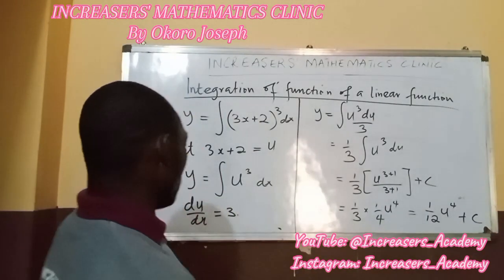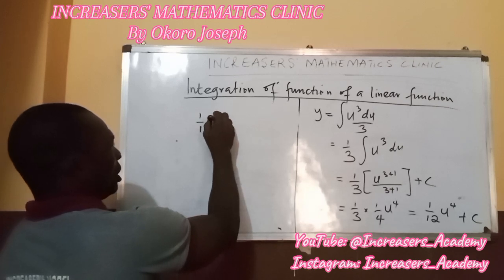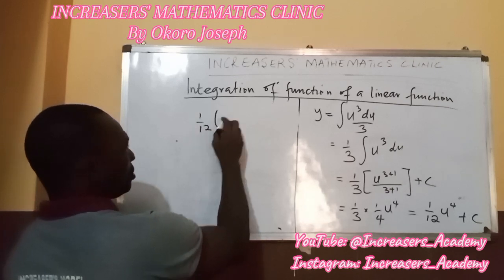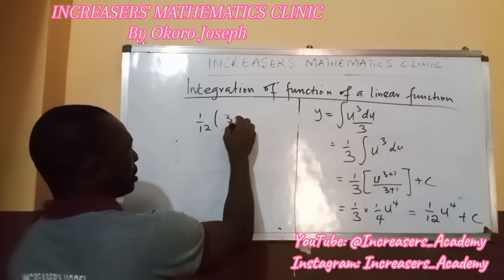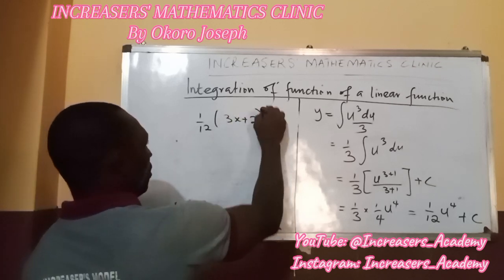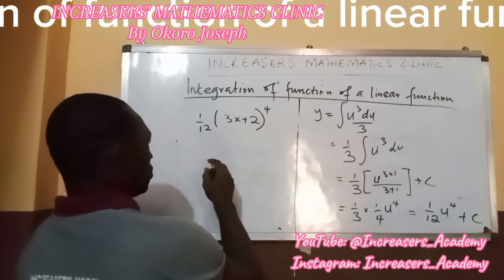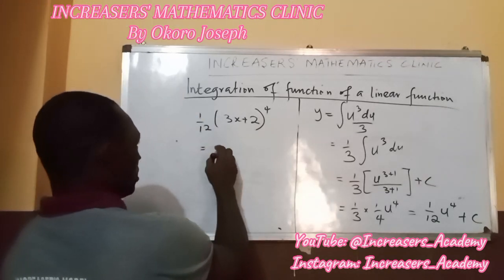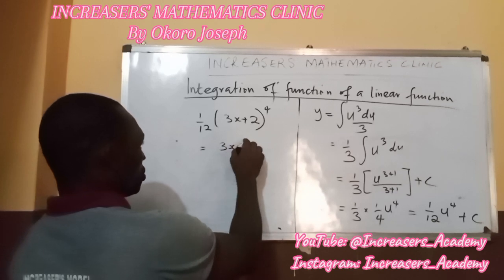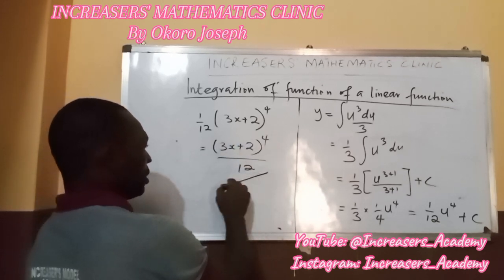So we are going to bring it back: 1 over 12, bracket open, 3x plus 2, bracket raised to power 4. That is what we have, and this happens to be our answer. And then we write it as (3x plus 2) raised to power 4 all over 12 plus c.